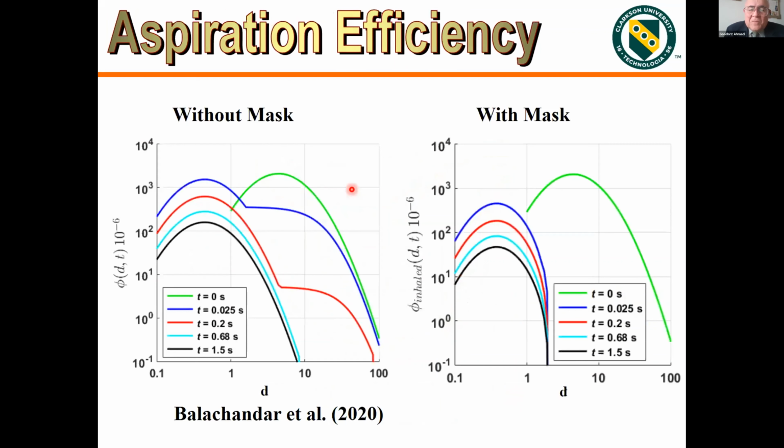We have a recent paper published in the International Journal of Multiphase Flow with Dr. Alexander as lead author, where we looked at how much protection a mask will provide for a typical concentration around the face, due to somebody coughing or speaking and so on. And this green one essentially is the original concentration.